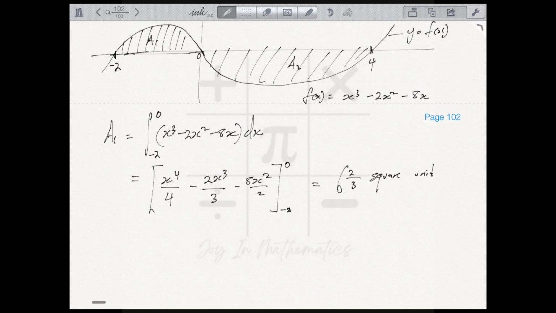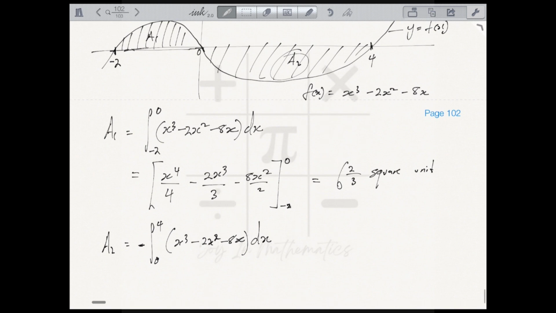And now let us simplify A2. A2 is the integration from 0 to 4 of x cubed minus 2x squared minus 8x dx. And now you notice that A2 is below the x-axis, therefore it will have a negative sign here.